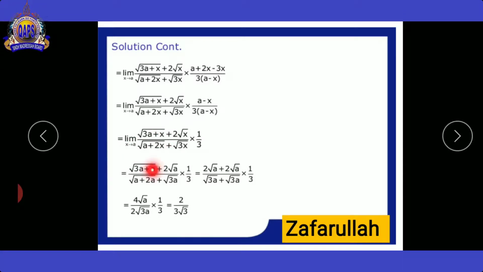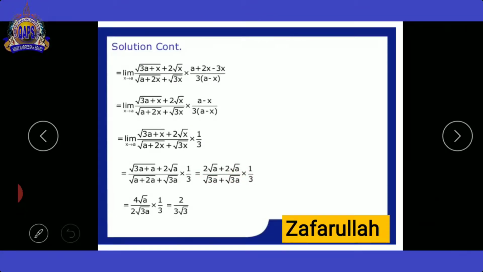This x is equal to a, this x is equal to a, here x is equal to a, and here also x is equal to a. So now 3a plus a is equal to 4a, the square root of 4a is 2 radical a, and in the denominator a plus 2a is equal to 3a. Now here radical a plus 2a is 3a, with 2 plus 2 equal to 4 radical a, and 1 plus 1 is equal to 2.